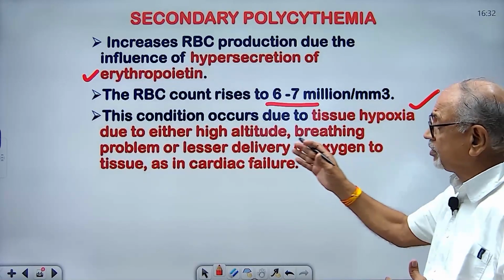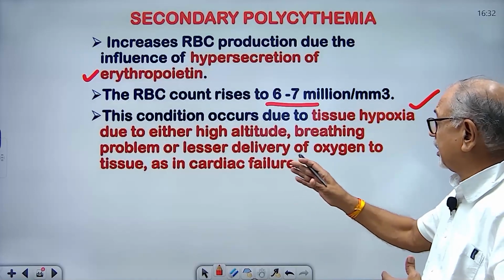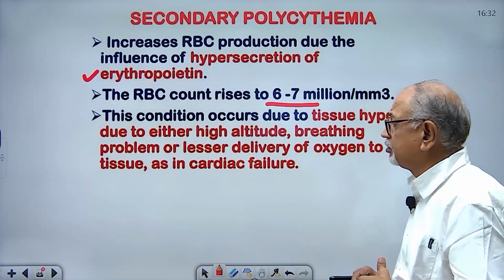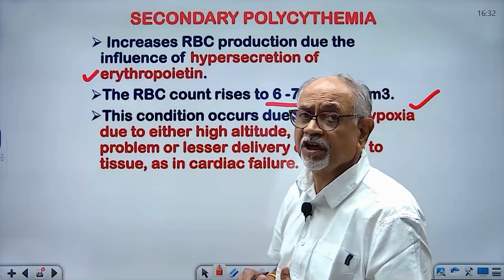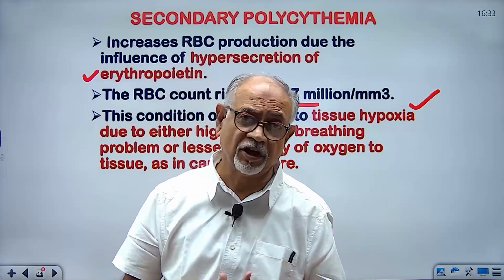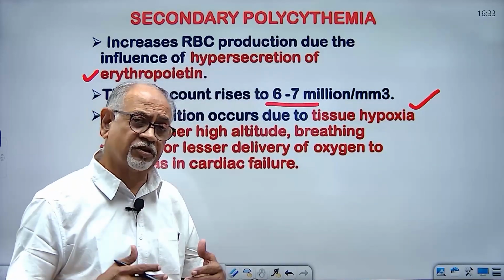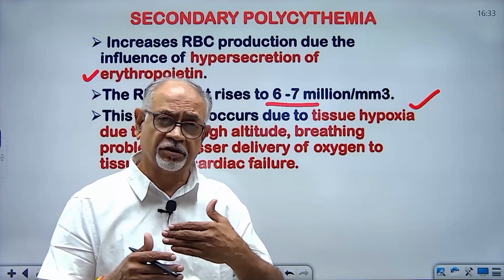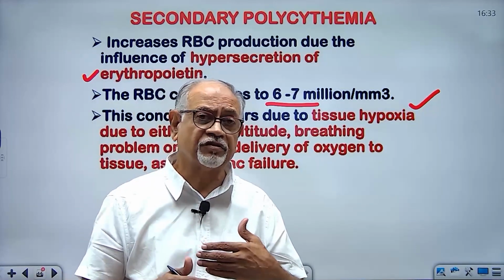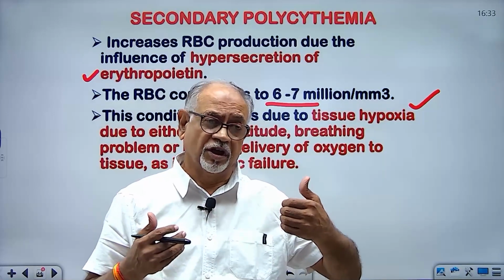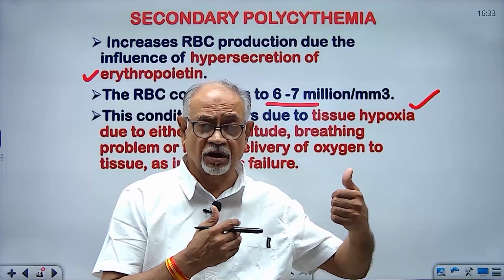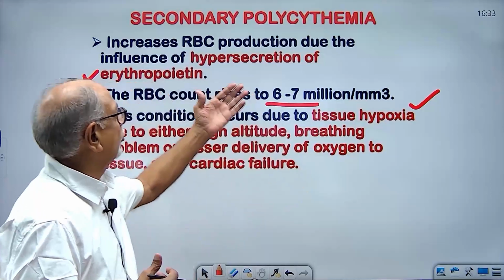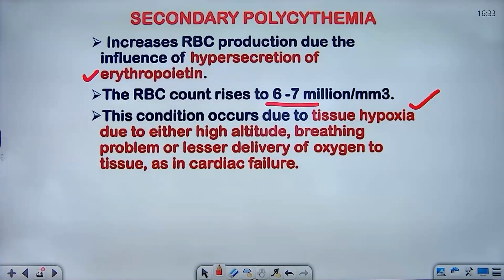There is some breathing problem, lesser delivery of oxygen to the tissue, as in the case of certain cardiac failure. So, when there is tissue hypoxia, erythropoietin is secreted in abnormal quantities, and that produces an abnormal number of RBCs. It is called secondary polycythemia.